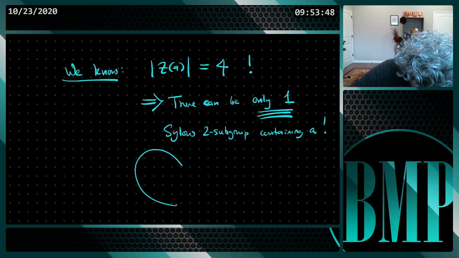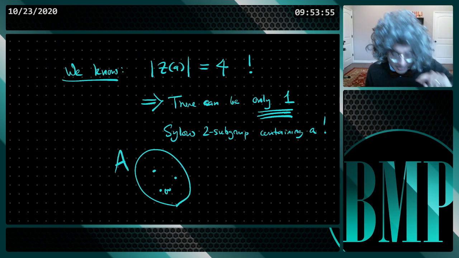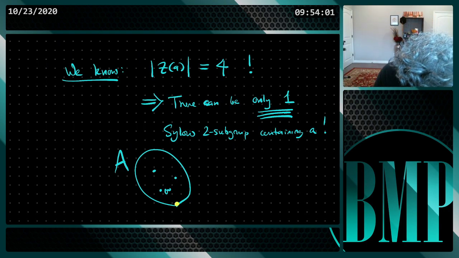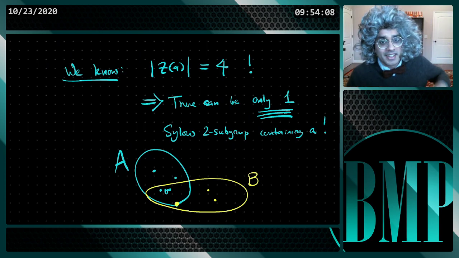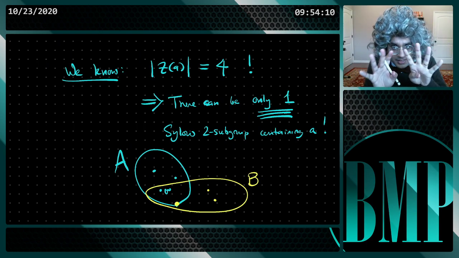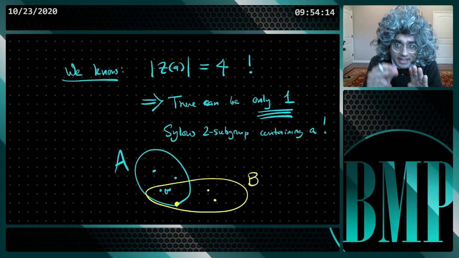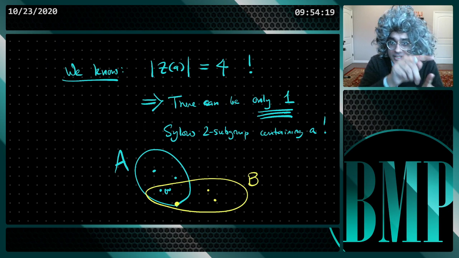It's really easy. You have an element, and suppose we have a Sylow 2-subgroup containing it, and then suppose there's another Sylow 2-subgroup containing it. They're both order 4 subgroups, so if they intersect, they can only intersect in an order 2 subgroup, and that order 2 subgroup has to be the identity plus A.